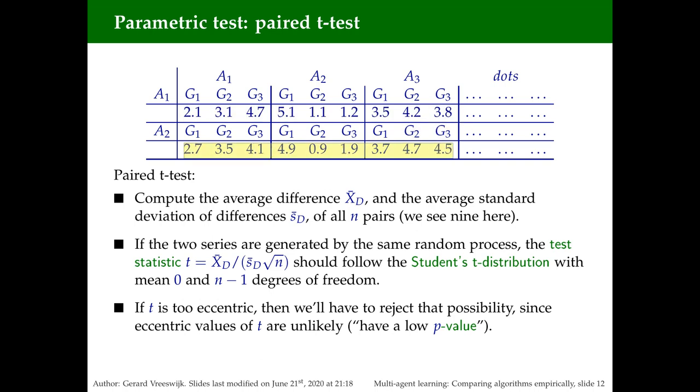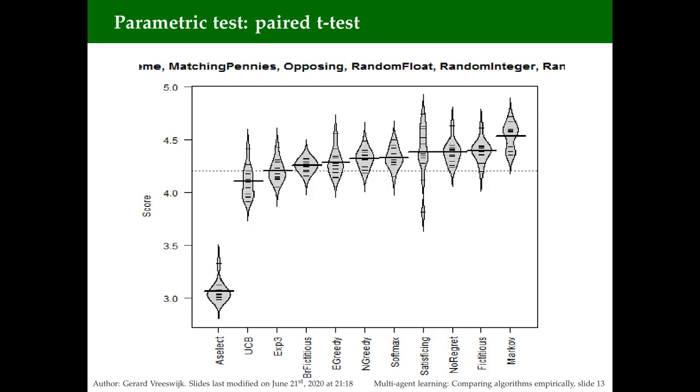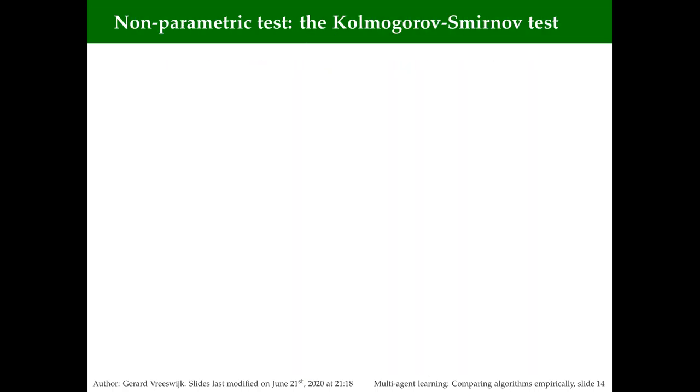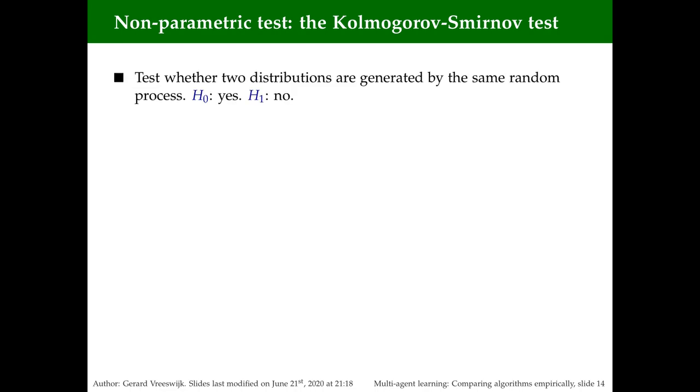You must test for normality, and in statistics there exist several tests for normality, and you have to do that in order to indeed be able to perform a paired t-test. But if you can't do that, you can resort to a non-parametric test, and one such example used by Sawatzky et al. is the Kolmogorov-Smirnov test.